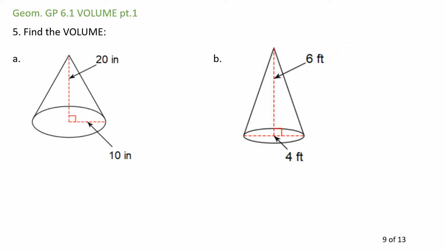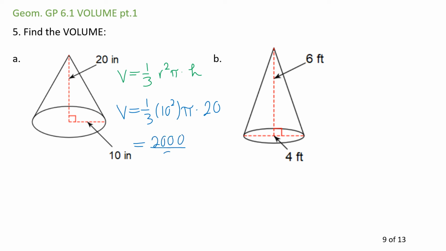How about a cone? This is probably a little bit easier. There is a formula for the volume of a cone. It's 1/3 base times height. Well, don't forget to multiply times pi. What's this? 2,000 over 3 pi.